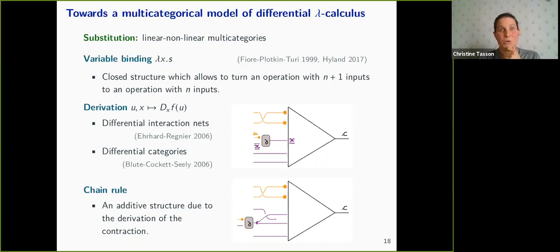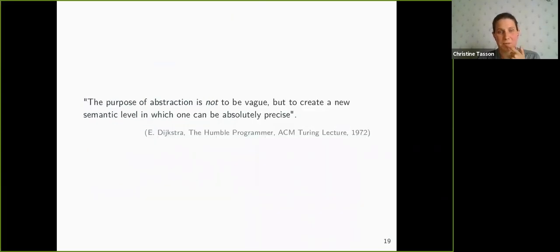Okay, so to conclude, I just put this famous sentence of Dijkstra, which says that the purpose of abstraction is not to be vague, but to create a new semantic level in which one can be absolutely precise.